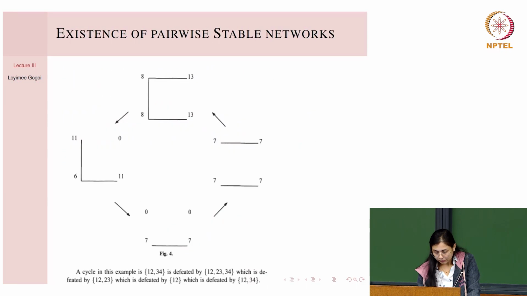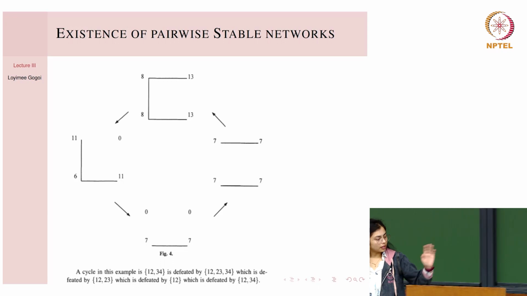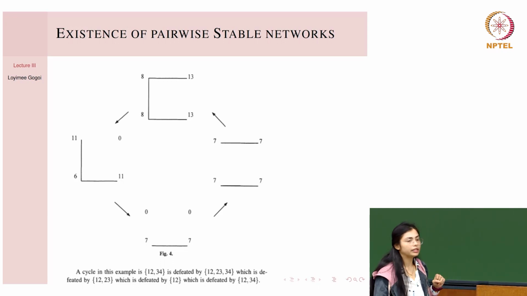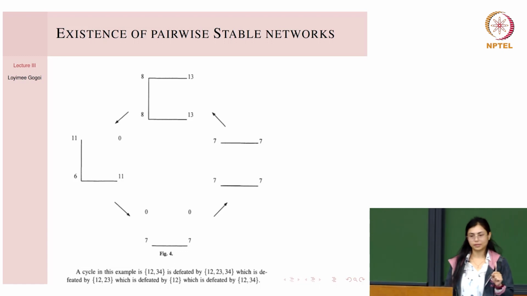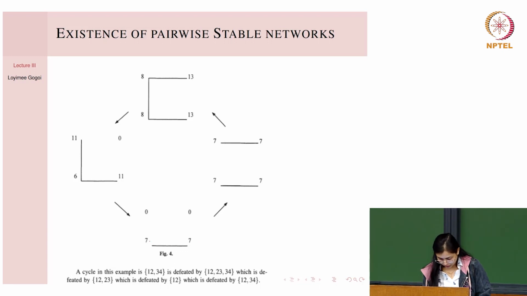So now here is one situation. Here the network is not pairwise stable. Let's see. Suppose I have four players: 1, 2, 3, 4.